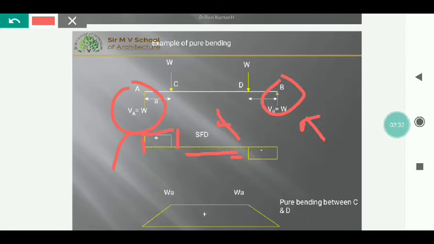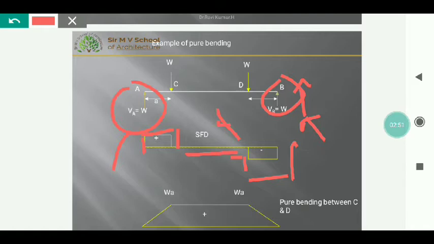At point D we have a force acting downwards, so we have minus W, and at point B we have the opposite reaction, W, which brings the diagram back to zero. So this is called the shear force diagram.